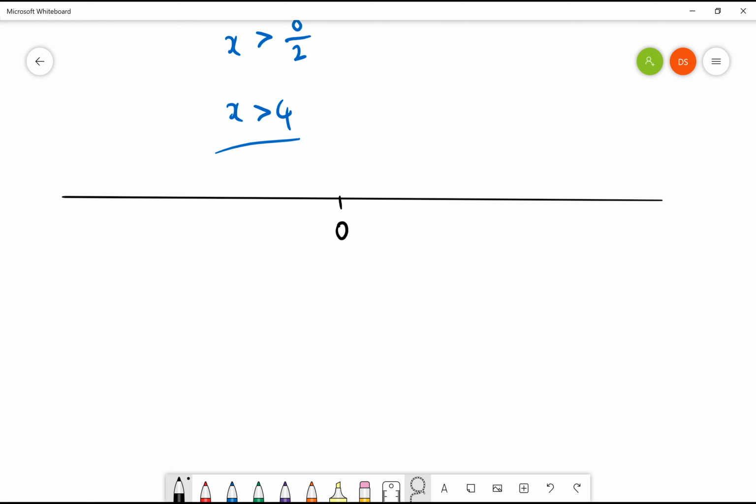Now, if I picked a number and I called it x, and suppose I had 3. What is the relationship between x and 3? x is greater than 3.